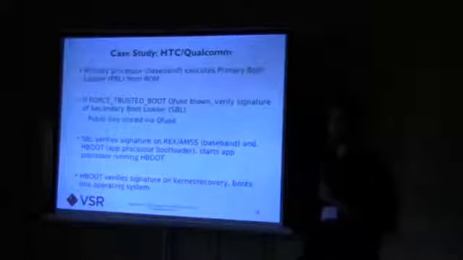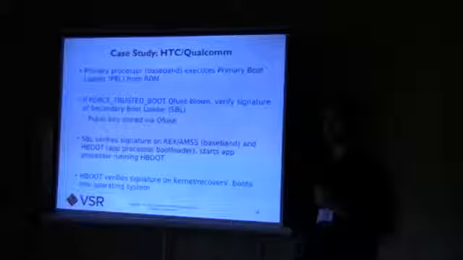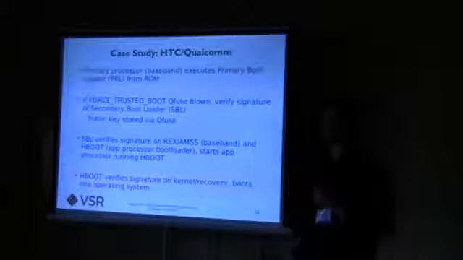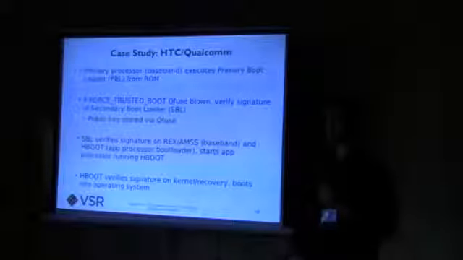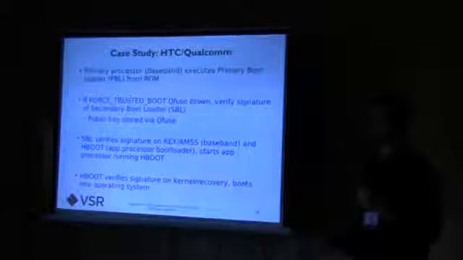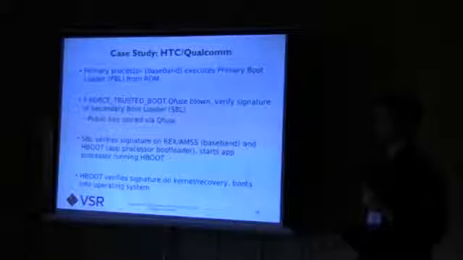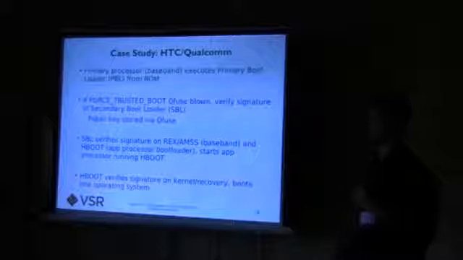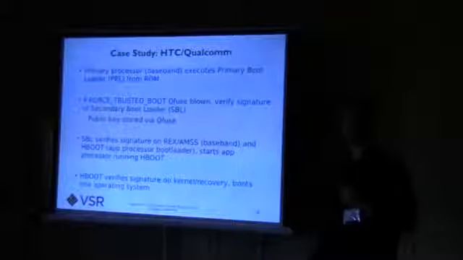Just another example of how this works in practice on HTC phones running more recent Qualcomm Snapdragon chipsets. The primary processor, which on these chipsets is the baseband processor, executes the PBL, which is the primary bootloader from ROM, and then it checks a Q fuse, which is another programmable hardware fuse, for this force trusted boot setting.